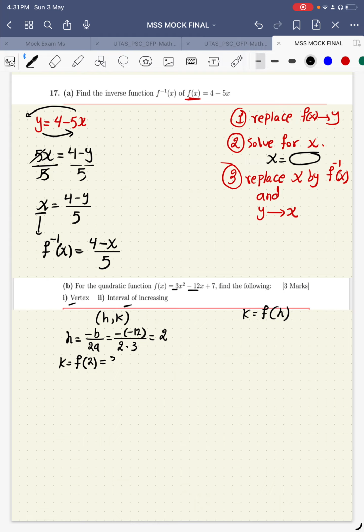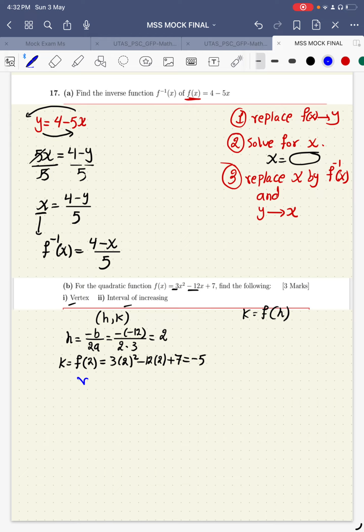So I'm going to have 3 times 2 squared minus 12 times 2 plus 7. If I do that, using the calculator, I'm going to end up with minus 5. So k is minus 5.